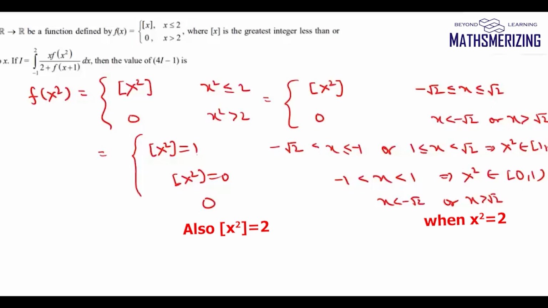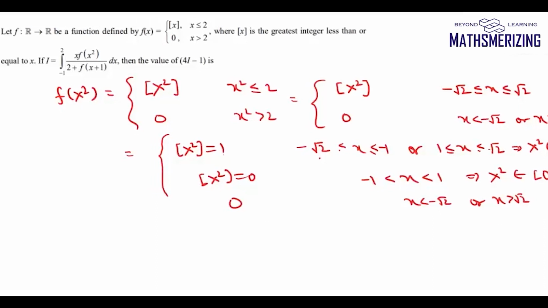So this function's value will be 1 when x lies between minus root 2 and minus 1, or between 1 and root 2, and the value will be 0 either when x lies between minus 1 and plus 1, or when x is less than minus root 2 or greater than plus root 2.